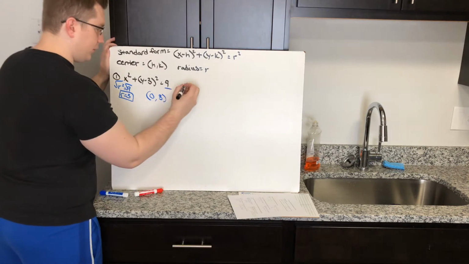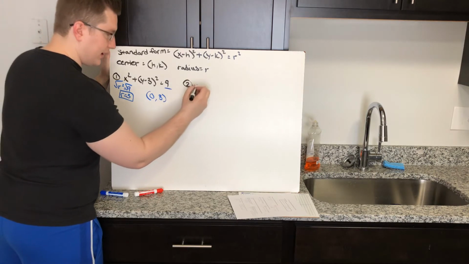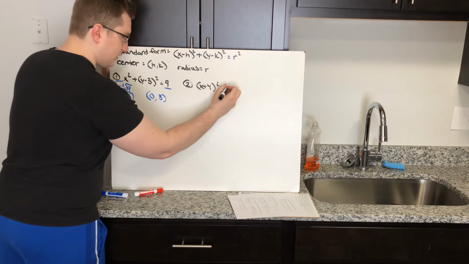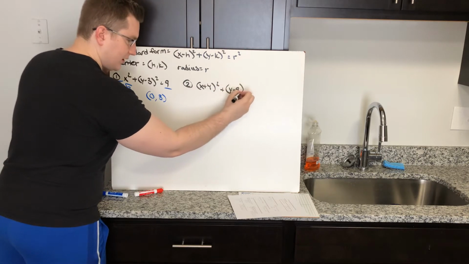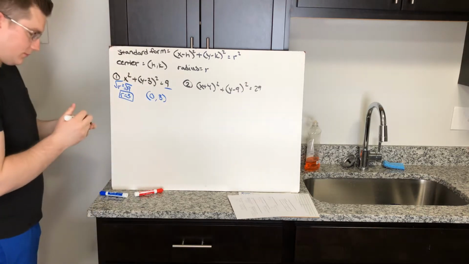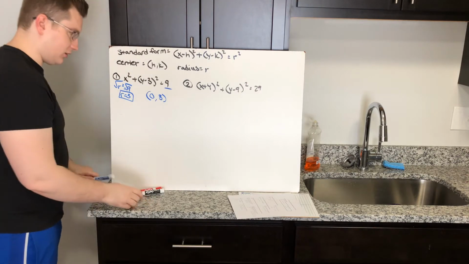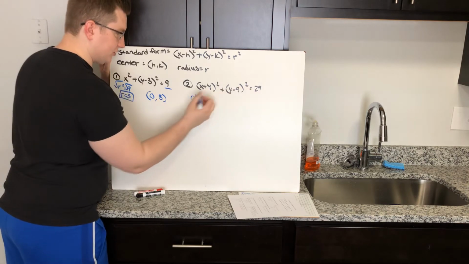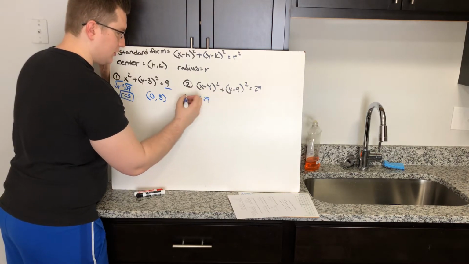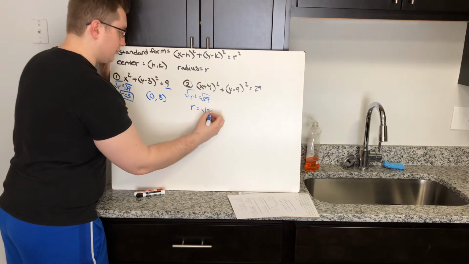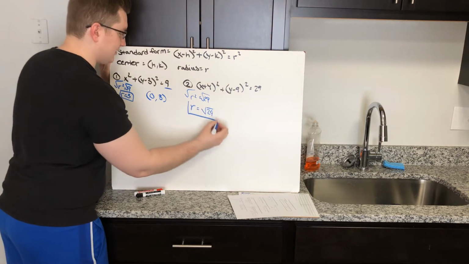For number 2, I have (x plus 4) squared plus (y minus 9) squared is equal to 29. So let's start with the radius. I know that r squared is equal to this 29. If I do the square root, I get r is equal to square root of 29. I cannot simplify that.